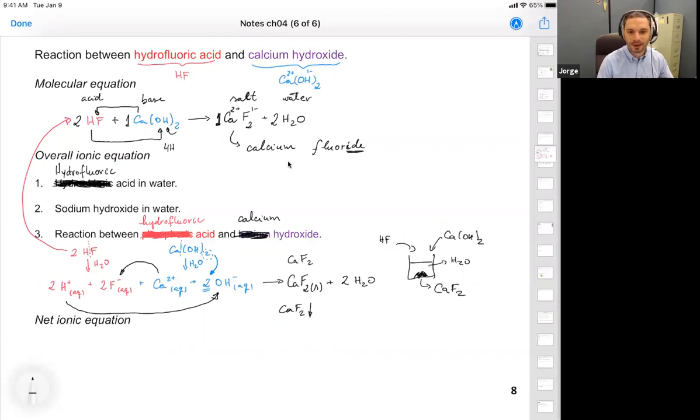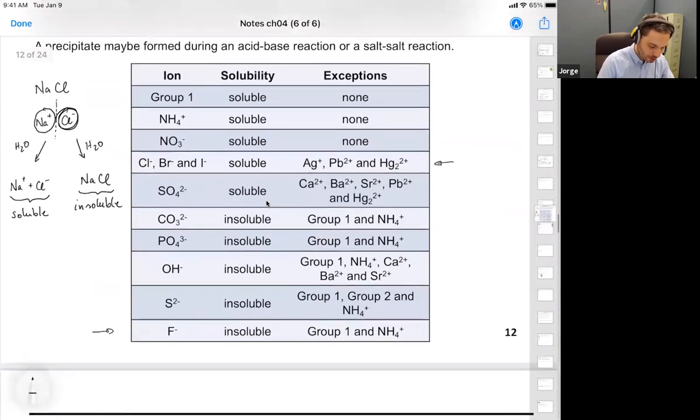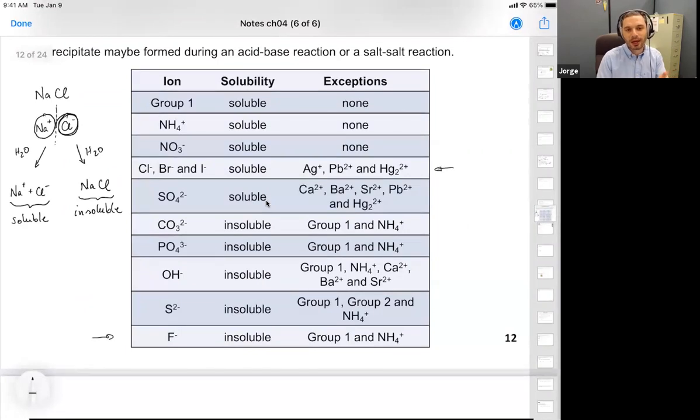Okay, so we have a question here. How does one know which part of the salt to reference regarding the solubility chart? Okay, so very good question. It doesn't matter, okay? So you can use the positive part or the negative part. So whatever you find in the table, that should be enough.